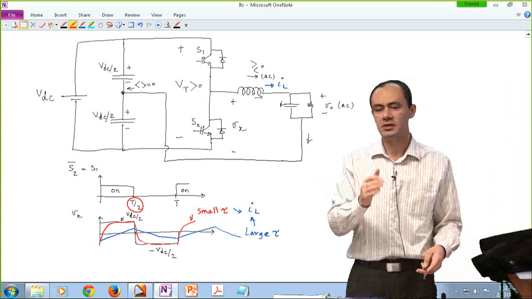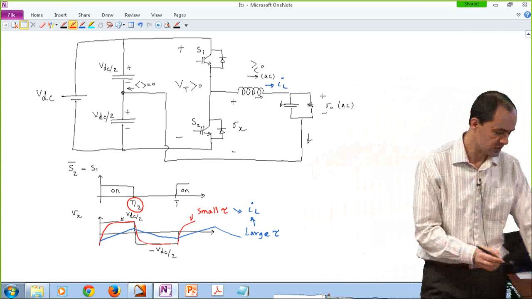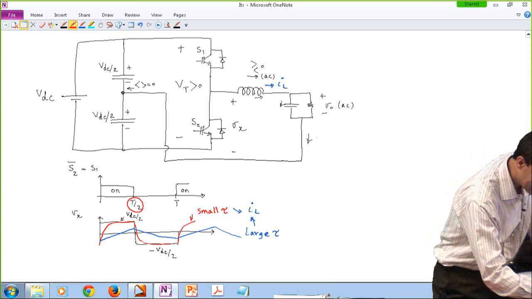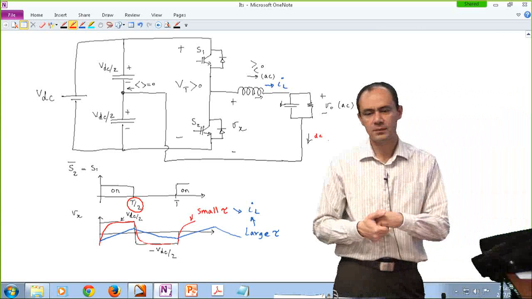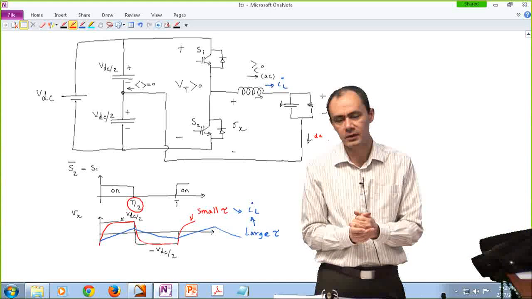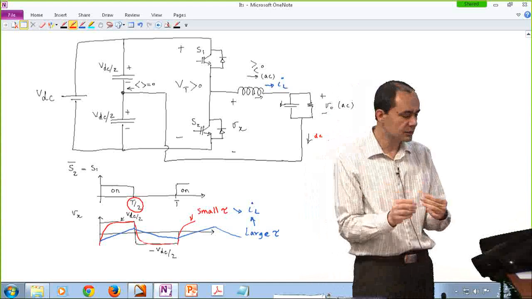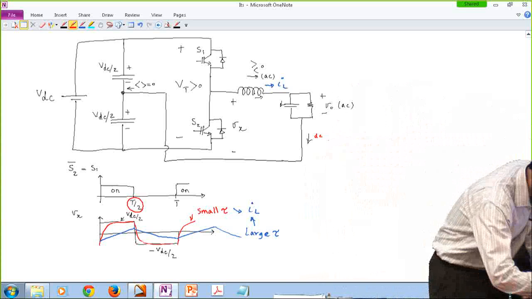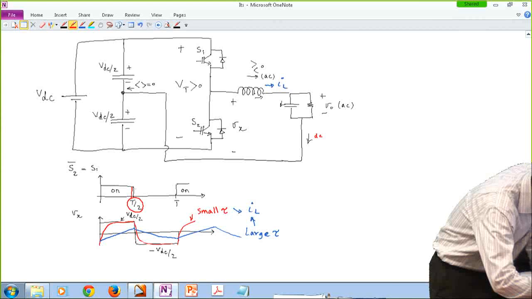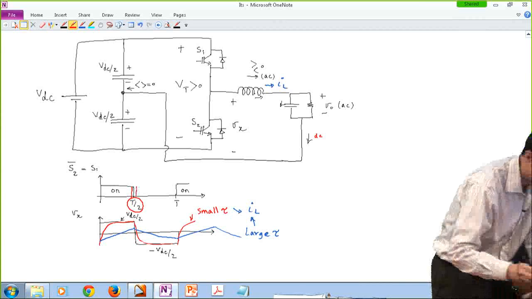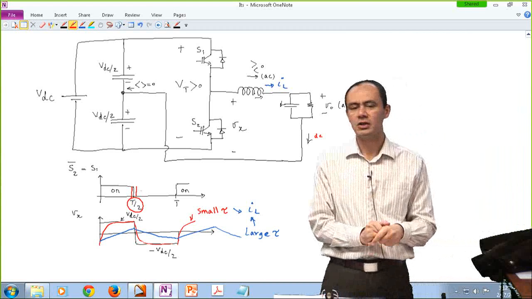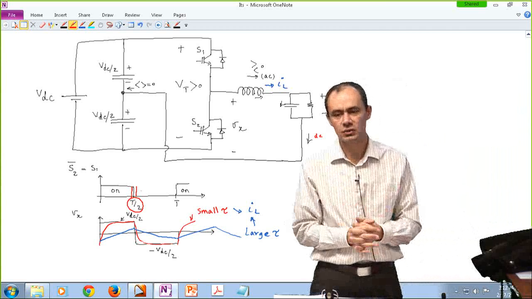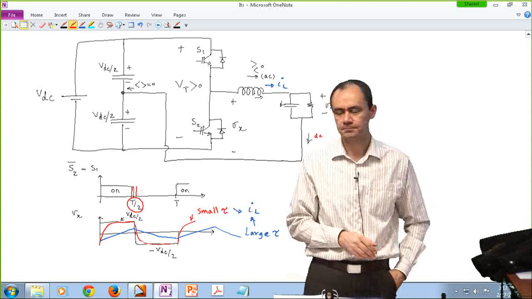If you deviate from this 180 degree duty cycle, then you are going to have a DC component over here. And that DC component is going to charge and discharge the capacitors in a way that you don't want to happen. So you can do a little bit of a PWM, go a little bit lower or a little bit higher. But on average, you should always be at 180 degrees. Otherwise, you are constantly charging or discharging one of the capacitors.